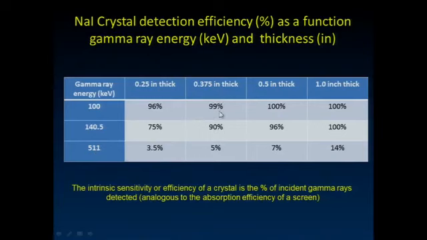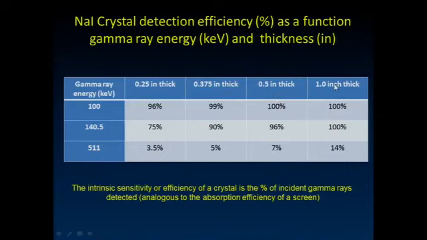That's the standard thickness in a gamma camera. And I've gone out to be a little thicker here. So notice that for 140.5 keV, that 3/8 inch thickness stops about 90% of those gamma rays from technetium 99M, which is very nice.